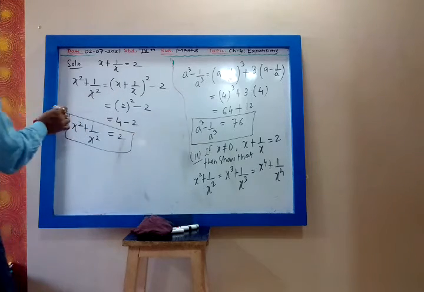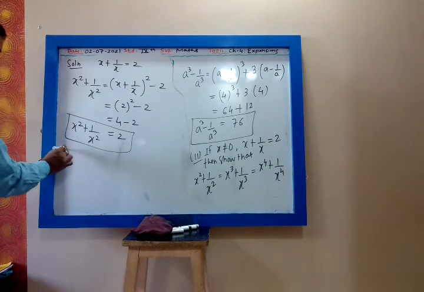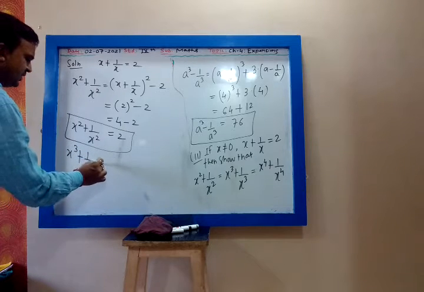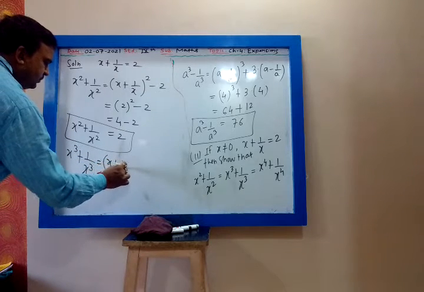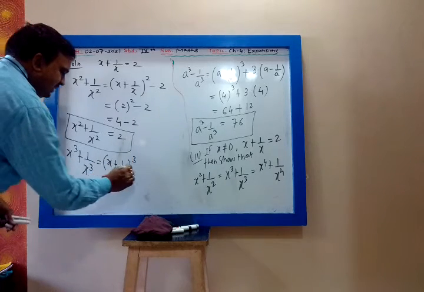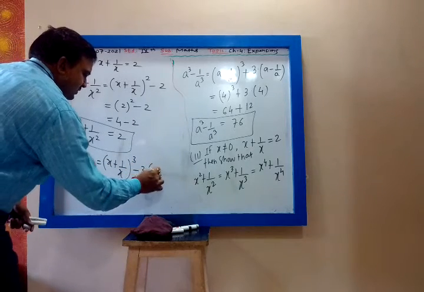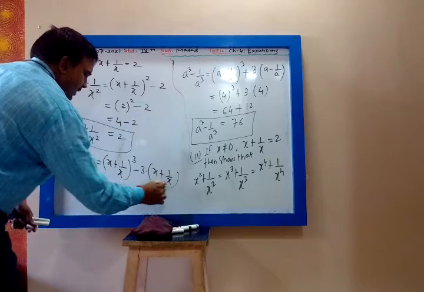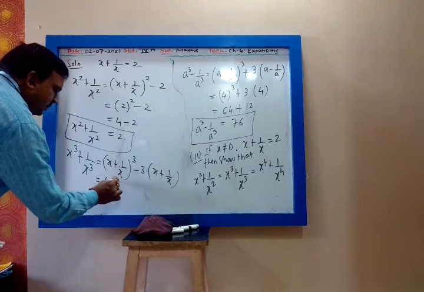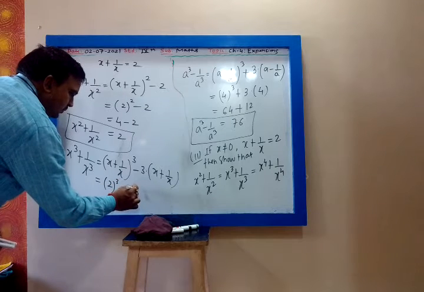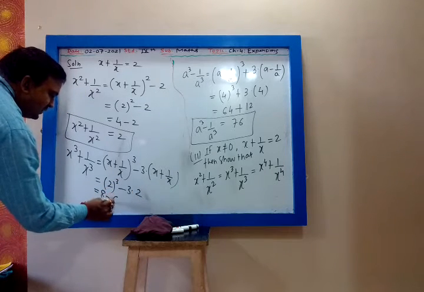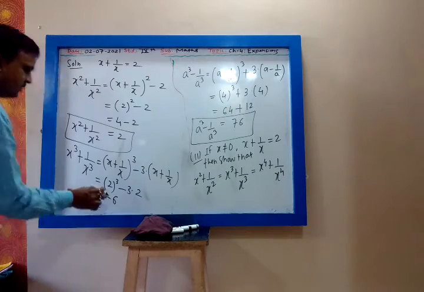Let us find x cube plus 1 upon x cube. I will use the direct formula: x plus 1 upon x whole cube minus 3 into x plus 1 upon x. x plus 1 upon x is 2. So that will become 2 cube minus 3 into 2. 2 cube is 8 minus 6, and that is 2.